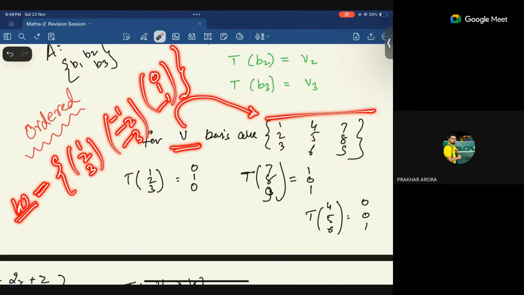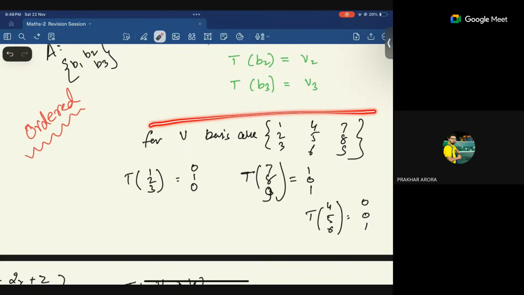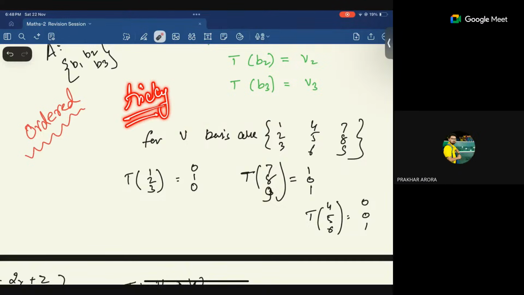They can give you a case where both of them are different, and you have to find the transformation function. Here I took a question where the input bases are different. I did not take a question where output bases are different. The reason is that it is a little tricky and not appropriate for the last night.